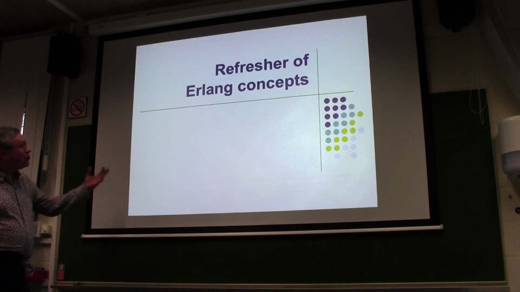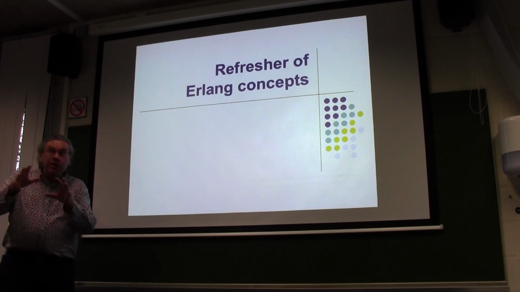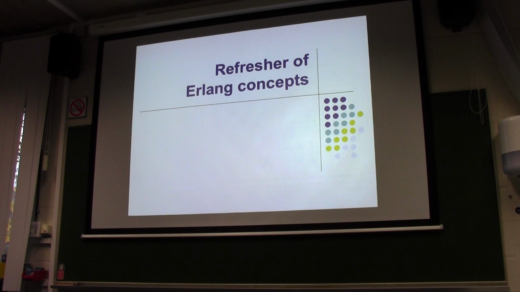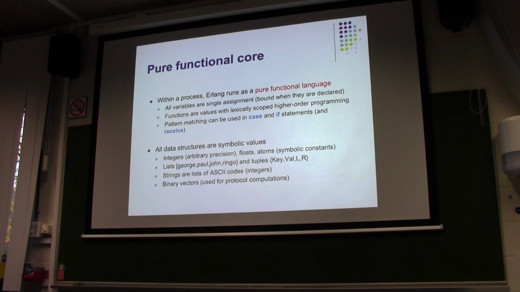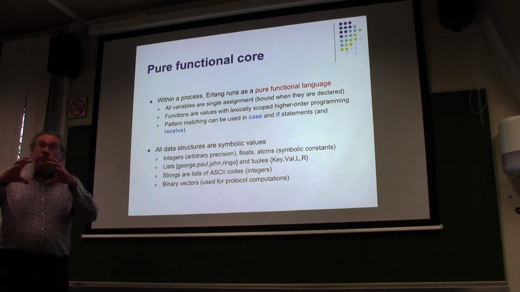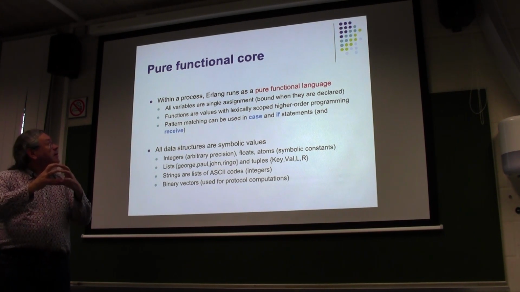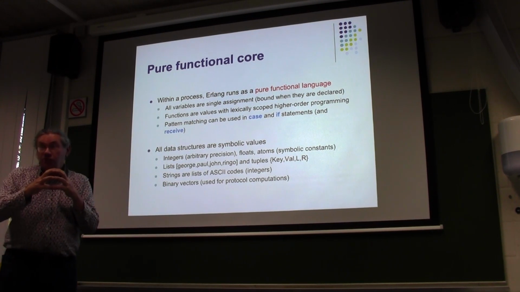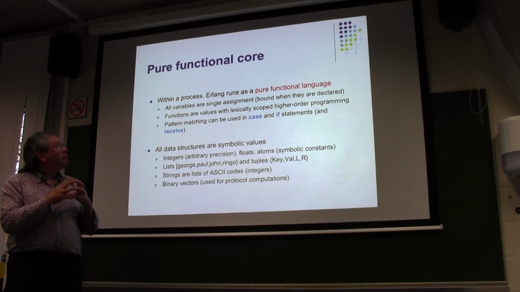Now I'm going to refresh Erlang concepts, and then I'll explain where all the real good parts are. How does Erlang handle fault tolerance? First, a refresher. Erlang is a multi-agent language. Inside a process, it's purely functional. It's kind of like a port object.